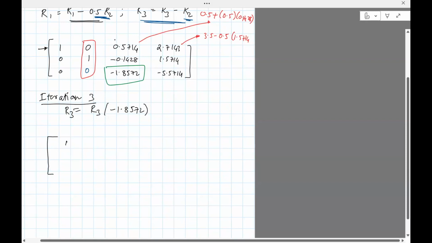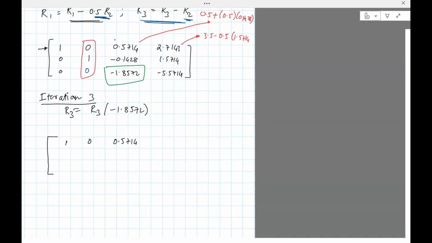That would leave all the other rows unaffected, so I'm just going to copy that down. The last one is divided by 1.8572, so it's 0. Sorry, 1, my bad, 1.